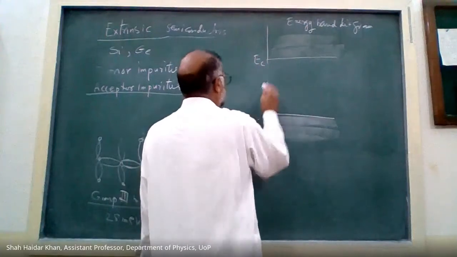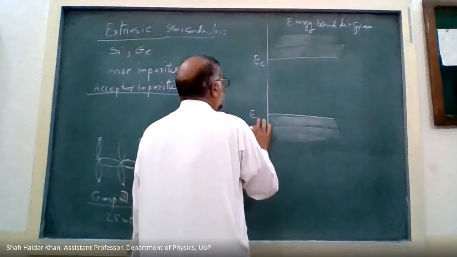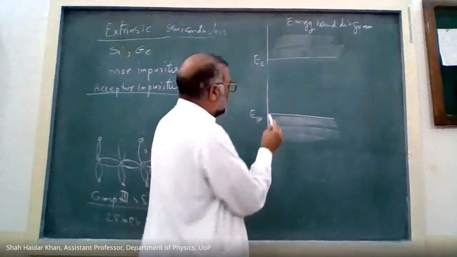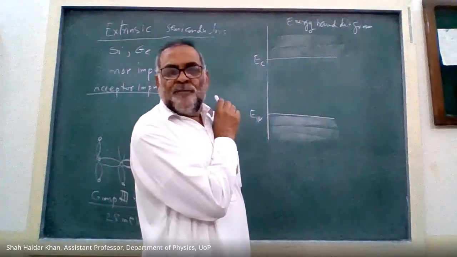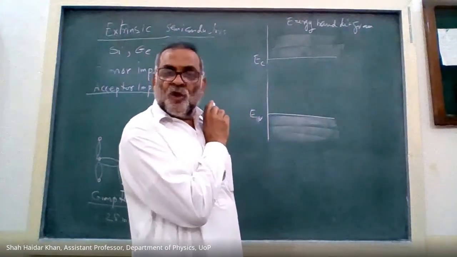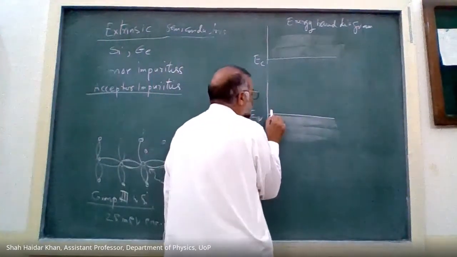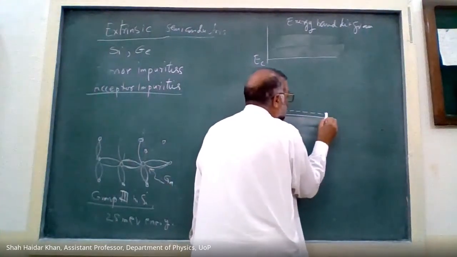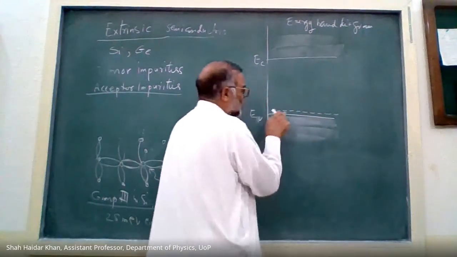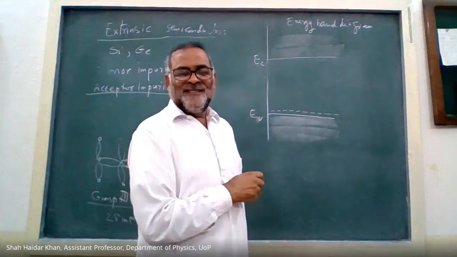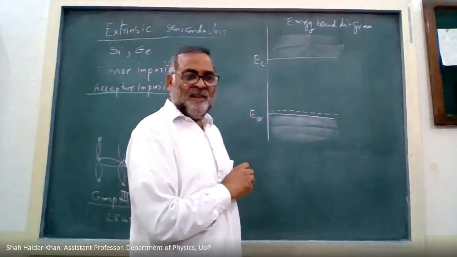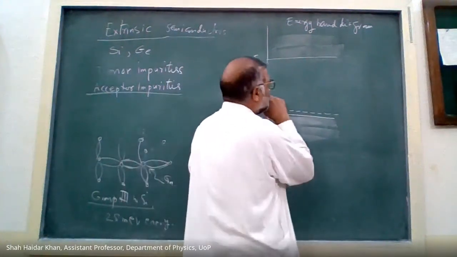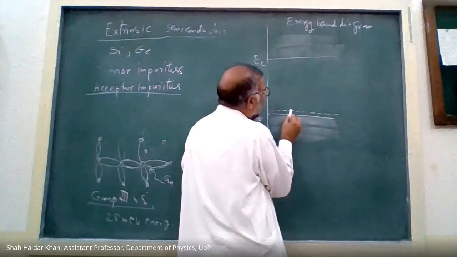If that is the conduction band, that is the valence band, right? Adding a group 3 impurity introduces small energy levels, allowed energy states close to the valence band, so that a hole can move.